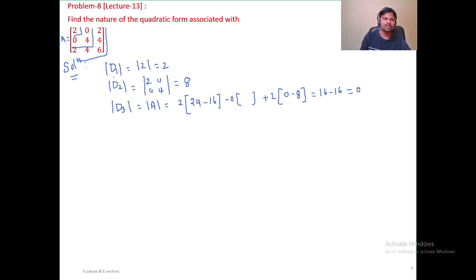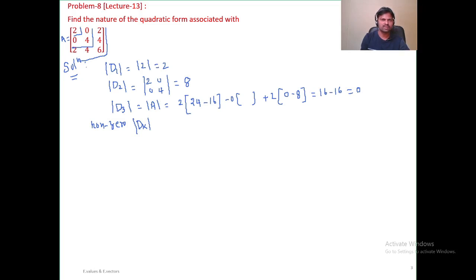If all leading principal minors are more than 0, then it is positive definite. If all the leading principal minors are less than 0, it is negative definite. If any of the non-zero minors disturb the above sign pattern, then it is indefinite. But the first three conditions are not satisfied. Look at D3, it is 0, it is not non-zero.